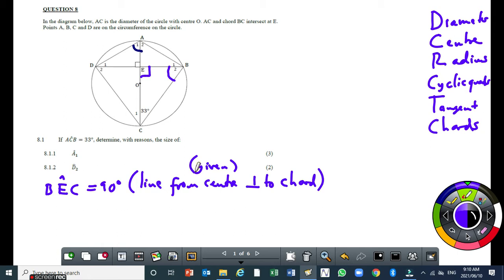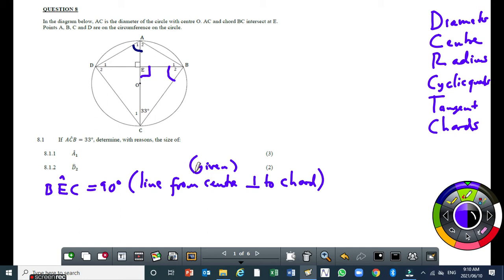So if you were to say that BEC is equal to 90 degrees because of vertical opposite, how would you write that reason? Obviously, you have to say AED is equal to 90 degrees. Then you write it's given. Then you say BEC is also equal to 90 degrees because it's vertical opposite to the first one.